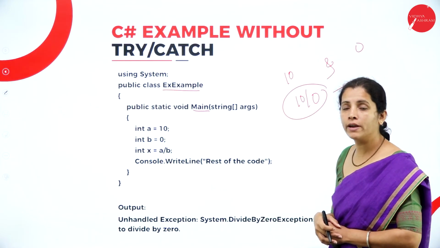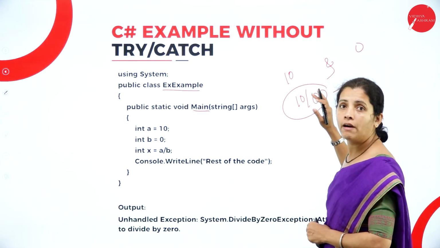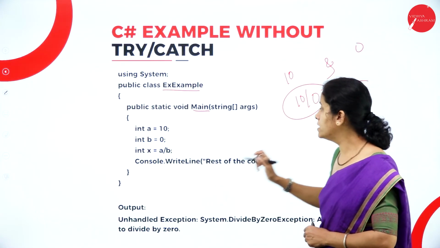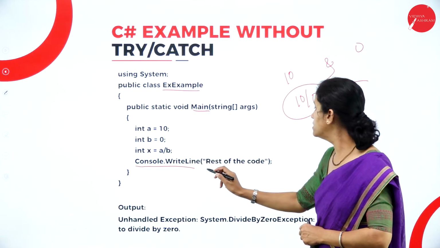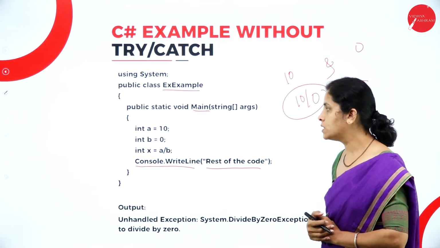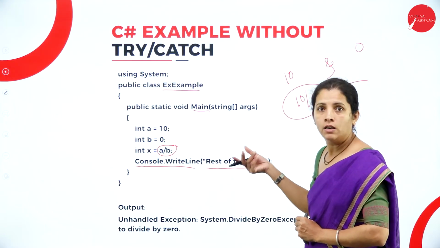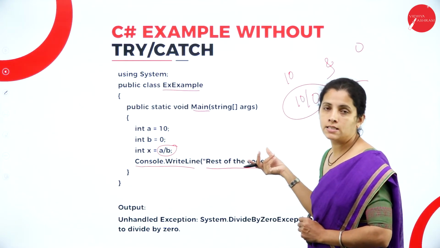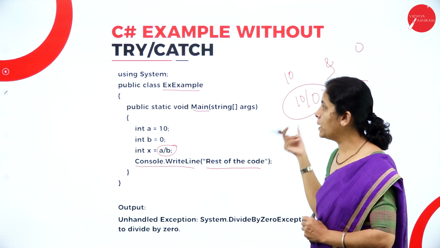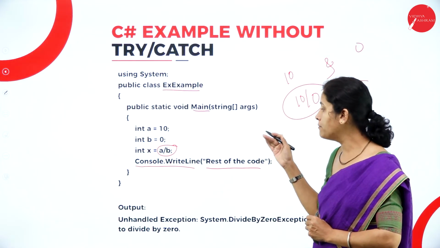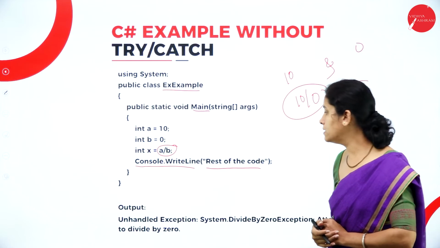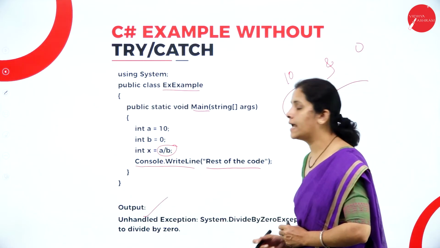And what kind of error? That is divide by 0. So here I'm trying to print the rest of the code. See here, I'm going to divide the number and try to display some output. And when I execute this program, what is the output I'm going to get? That is an unhandled exception.